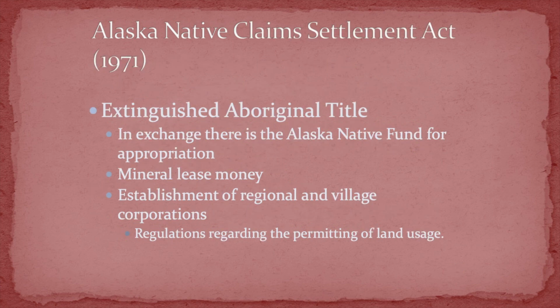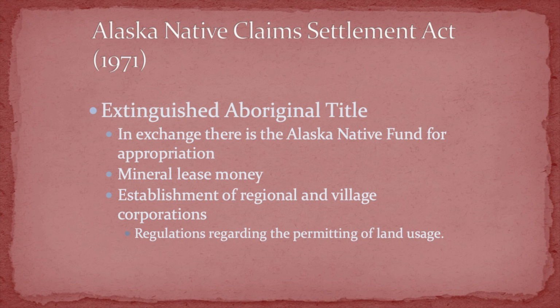So the Alaska Native Claims Settlement Act extinguished any claims of Aboriginal title. Notice when this happened, and that is a correct date. That did not happen until 1971. So that's why when you talk about Alaska Natives, they're not called tribes, they're called corporations.